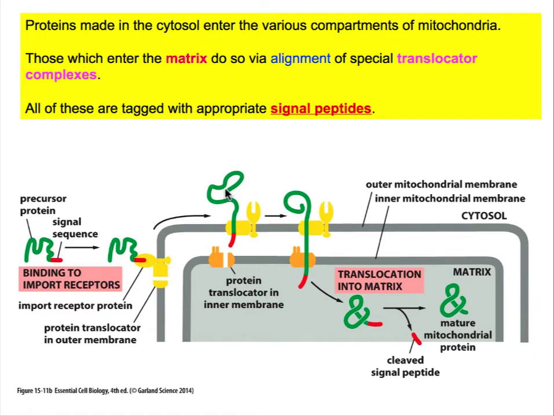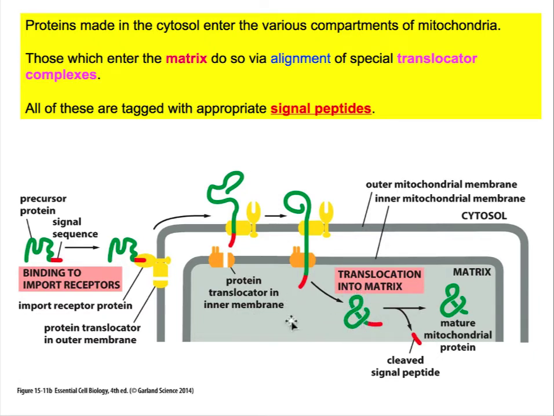Now, for this to happen, the protein has to be unfolded. So there's only enough space in that gap in the translocator for the protein to go in as its primary sequence. So any secondary structure is ripped apart. Once the polypeptide enters the matrix of the mitochondrion, it then will fold into its final shape.